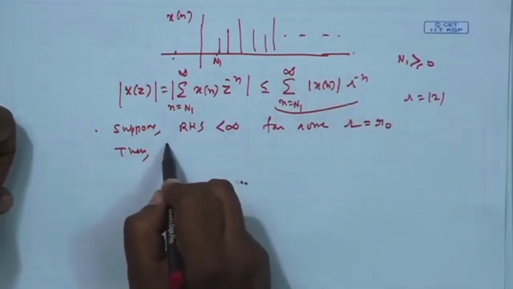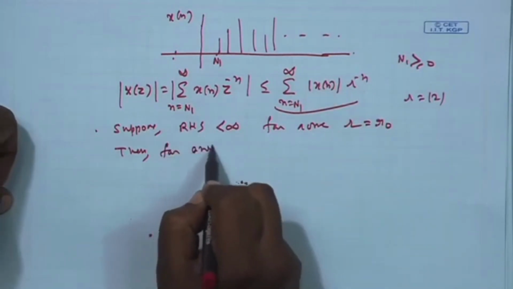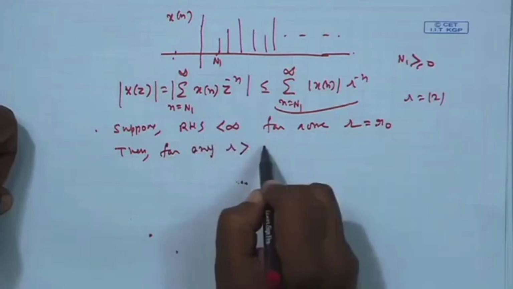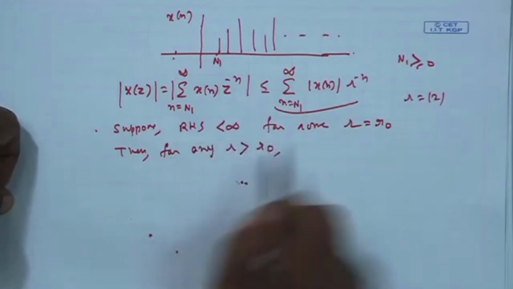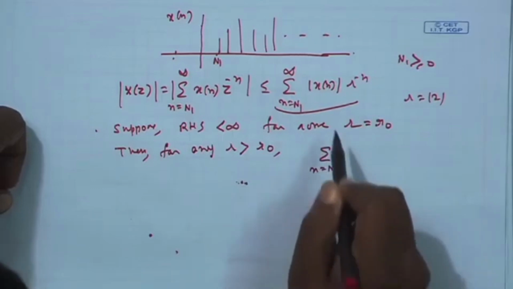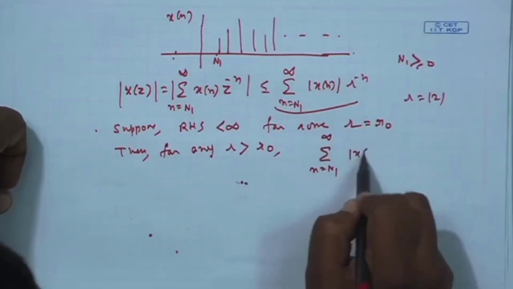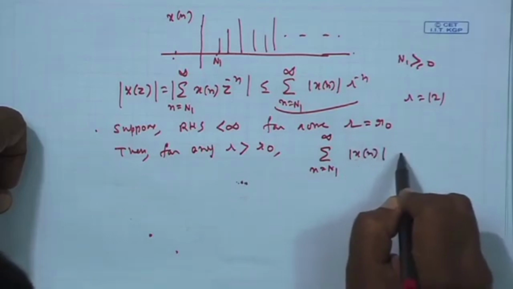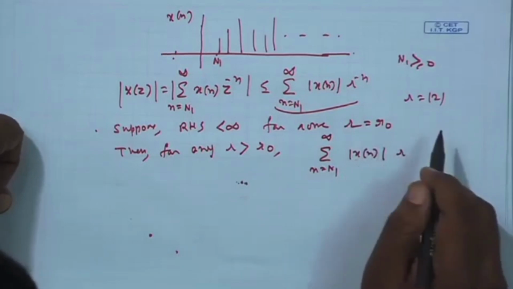Then, for any r greater than r naught, what happens to the summation? It is r to the power minus n.